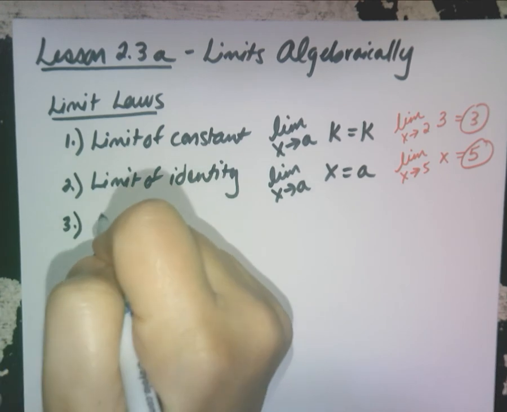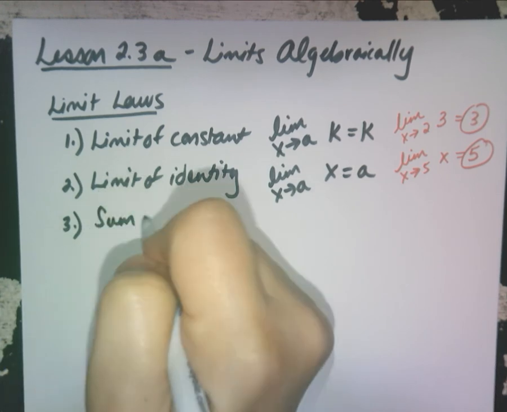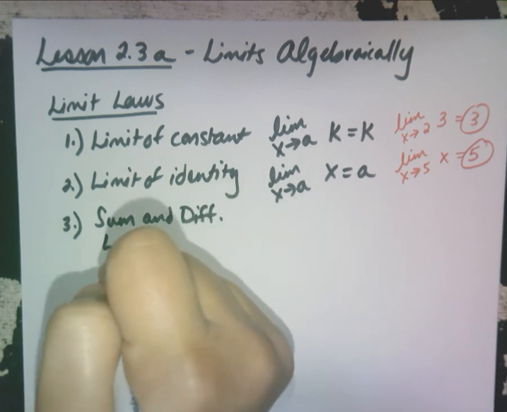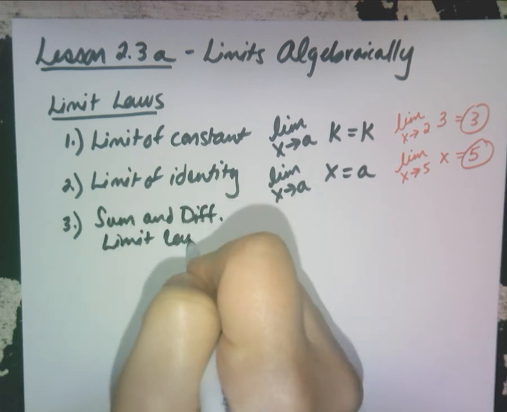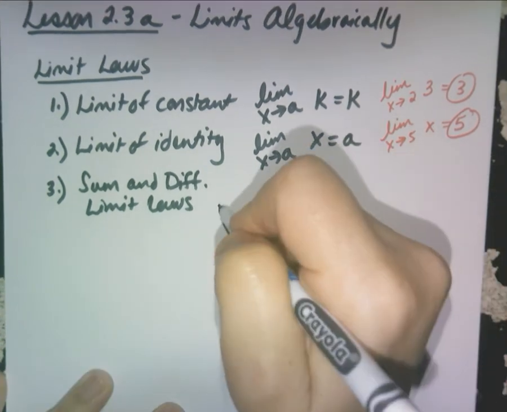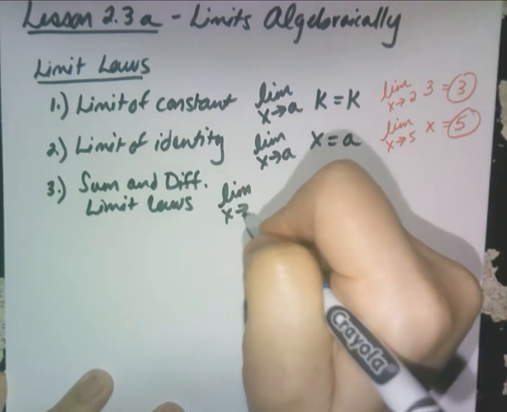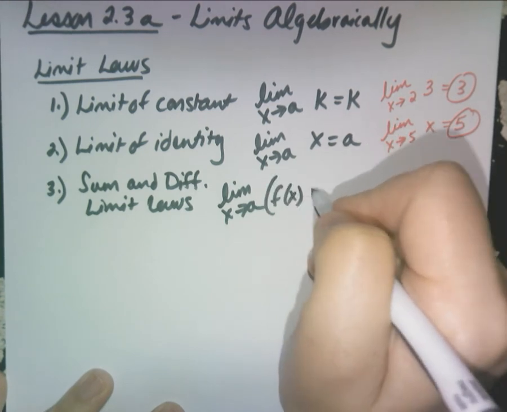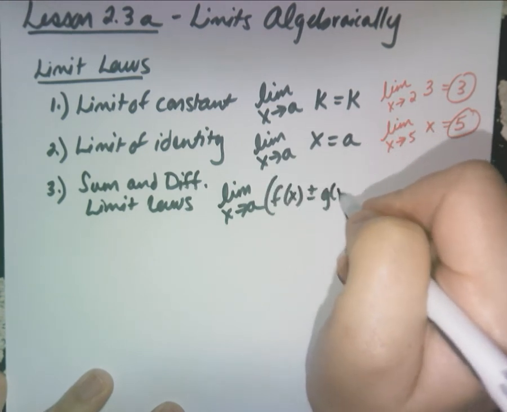This is the sum and difference limit law. It says the limit as x approaches some number a of f of x plus or minus g of x.